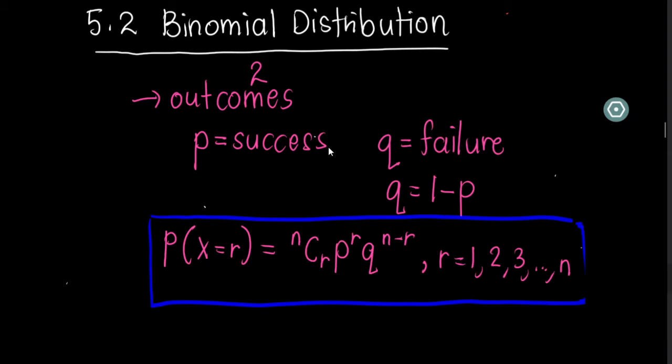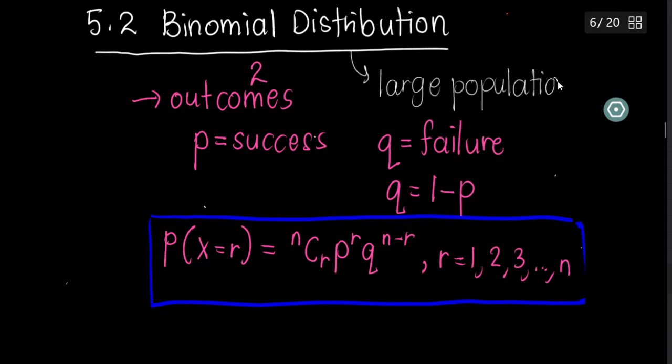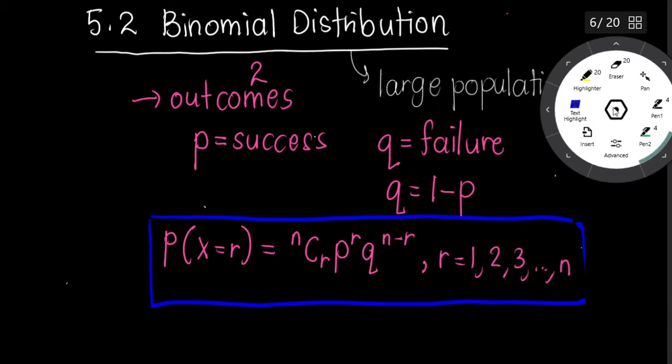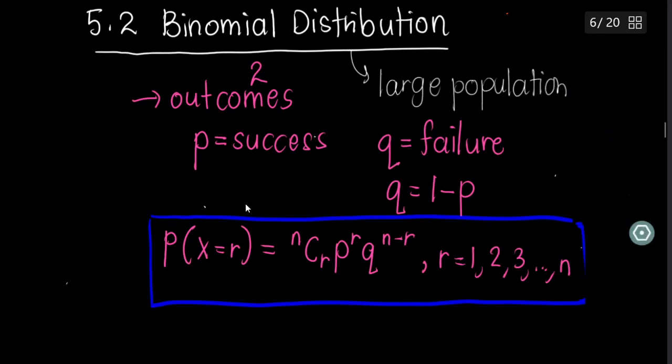Number one, binomial distribution is used for a very large population size. What does it mean by large population size? It means, for example, if I'm going to do an experiment, I'm no longer just going to throw the dice 3 times, or maybe 2 times.